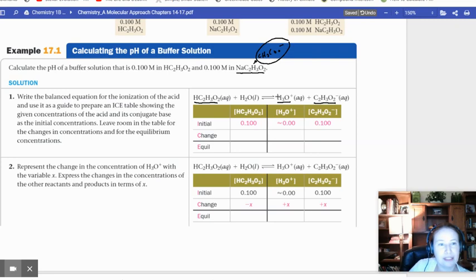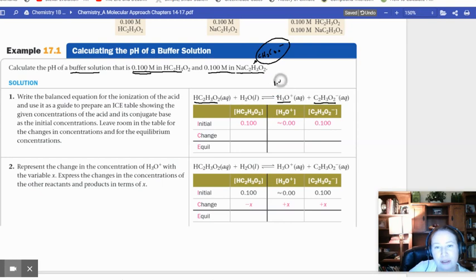So for this example, calculate the pH of a buffer solution. It has 0.1 molar acid and 0.1 molar salt. We're going to do an ICE chart just like we've been doing. The initial concentration of my acid is 0.1. That's given in the question. The initial concentration of my H3O plus is approximately 0.